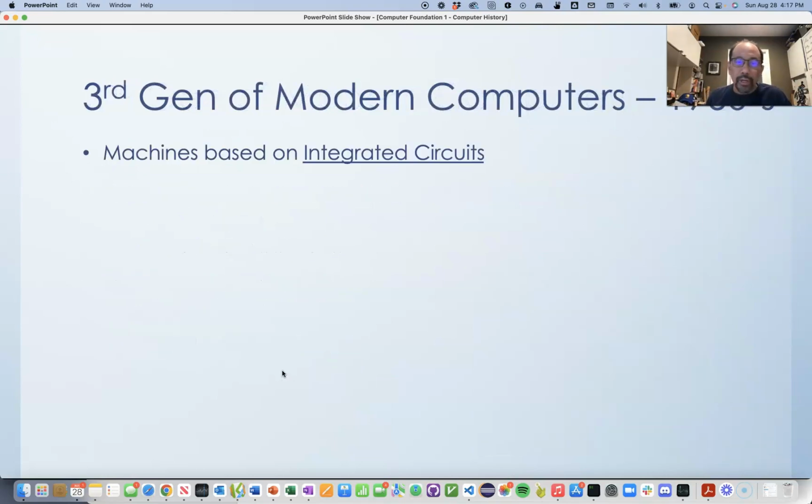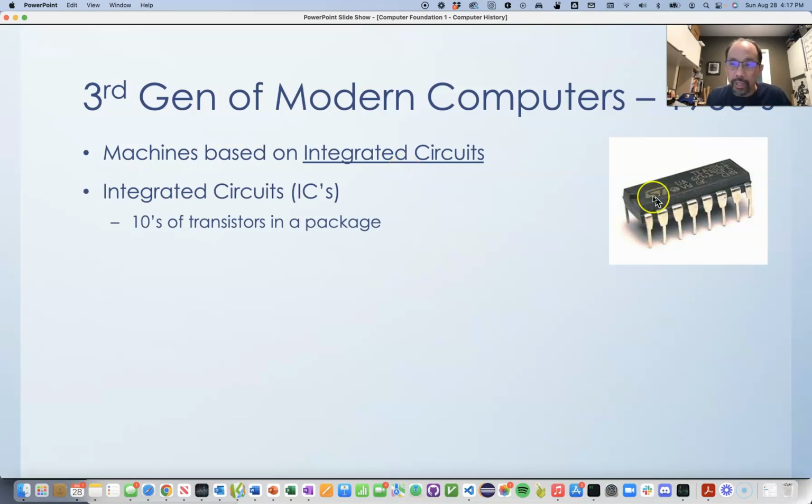Okay, third generation of modern computers, 1960s now. So basically this idea of the transistor, all computers going henceforth are all made up out of transistors, but the invention was this device called the integrated circuit.